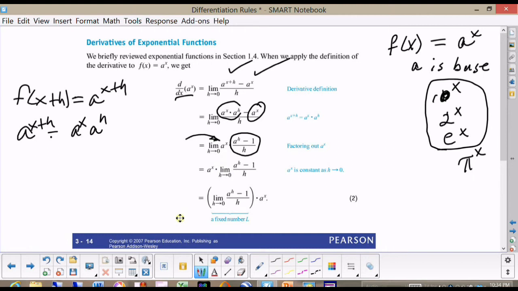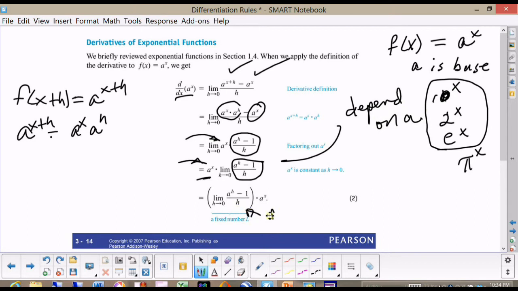So we see that the derivative of a to the x is going to be a to the x itself times whatever the limit of (a to the h minus 1) divided by h is. And of course this will depend on a. But whatever that number is will be a fixed number.